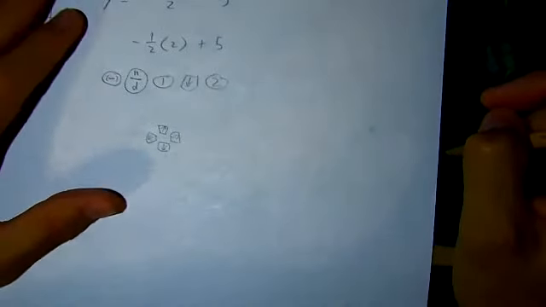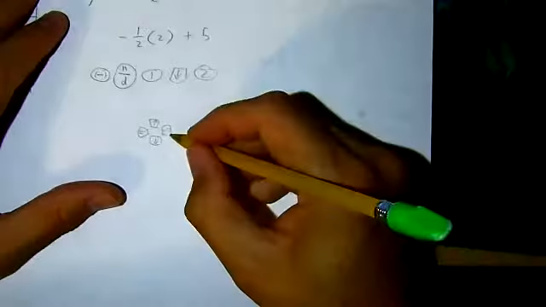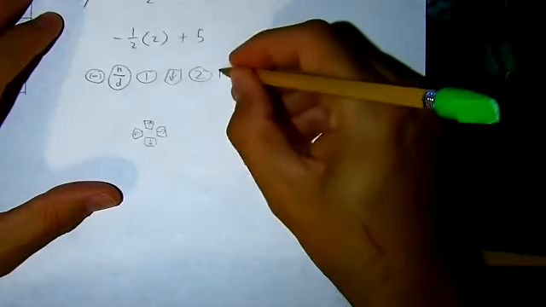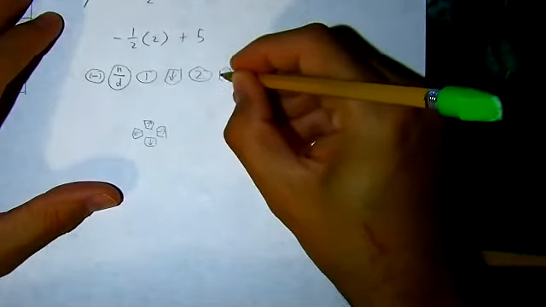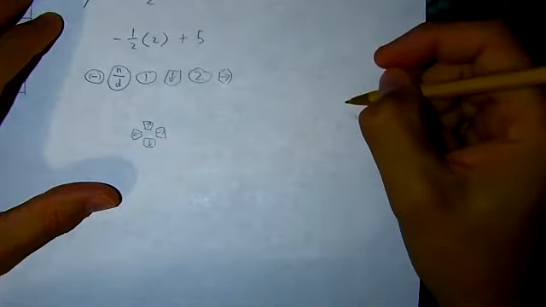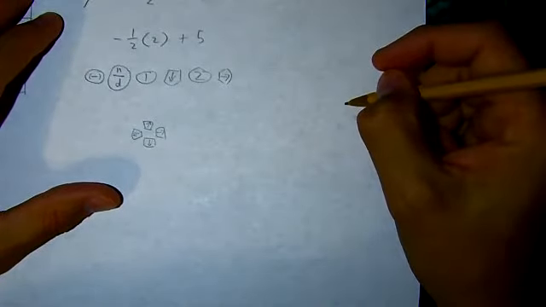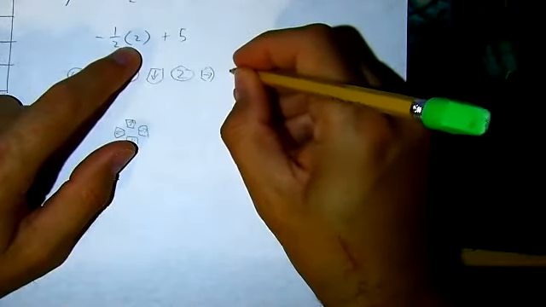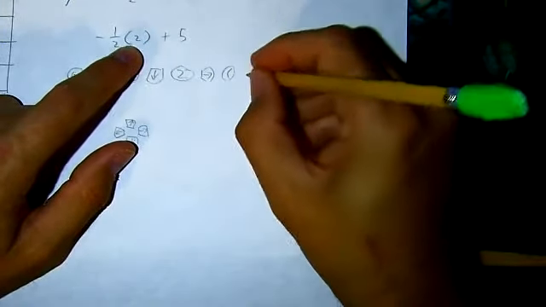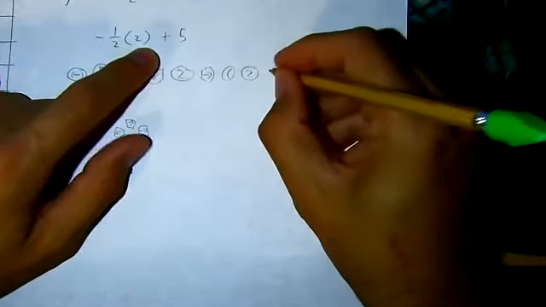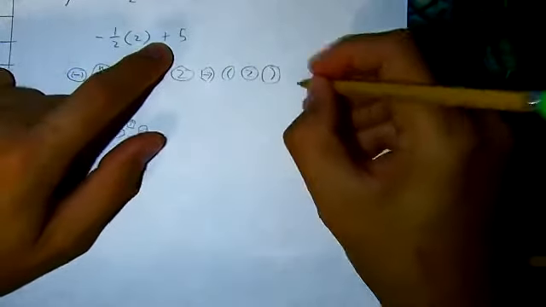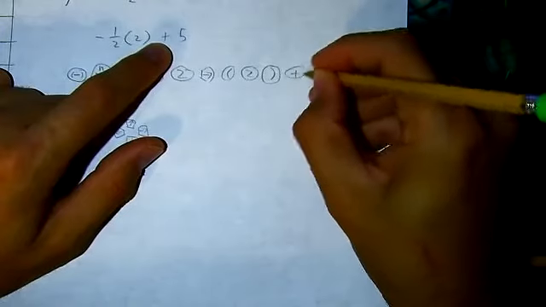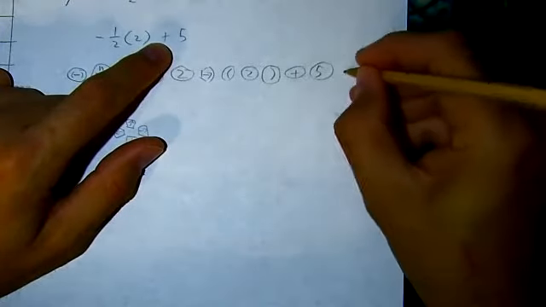Now you've got to get out from under the fraction, so you hit the right key. And your cursor should be blinking beside the fraction 1/2. Next is parentheses. So left parentheses, 2, right parentheses, plus 5, enter.